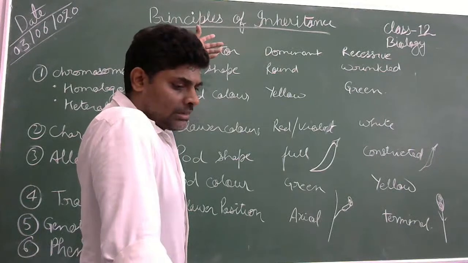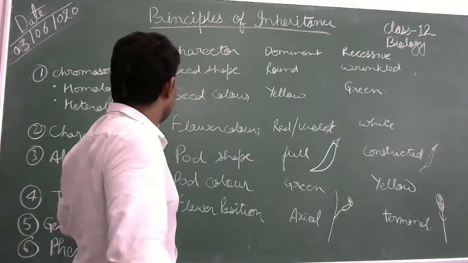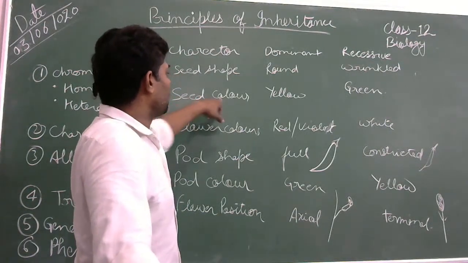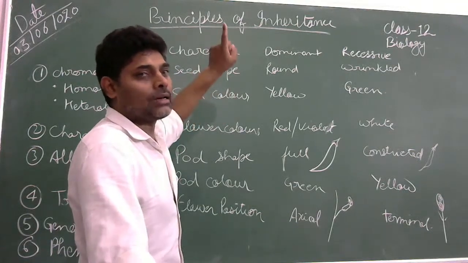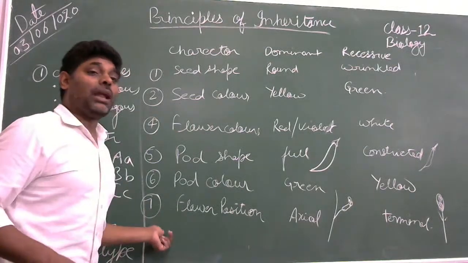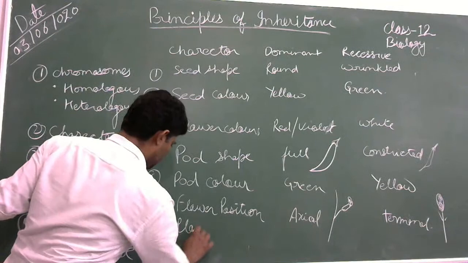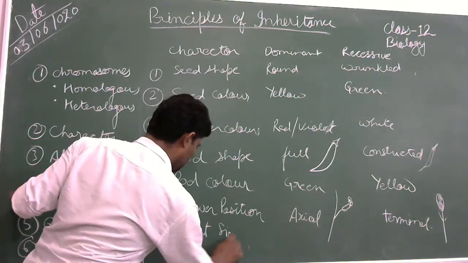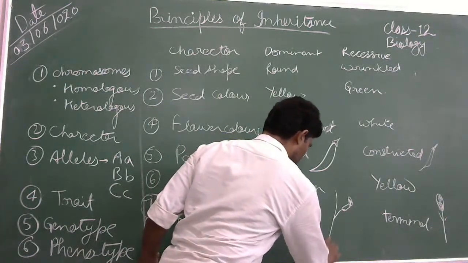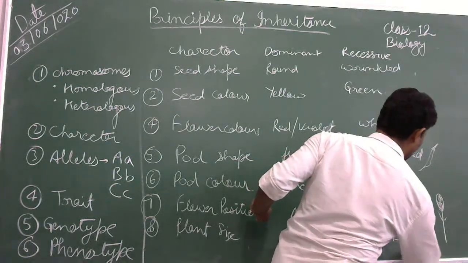One more, someone was considering the stem height like tall and dwarf. Sometimes if we are not considering seed shape and seed color, we consider it a single character. And if we are not, then the plant size, it may be long or dwarf.